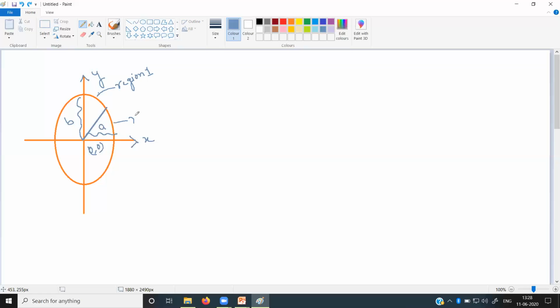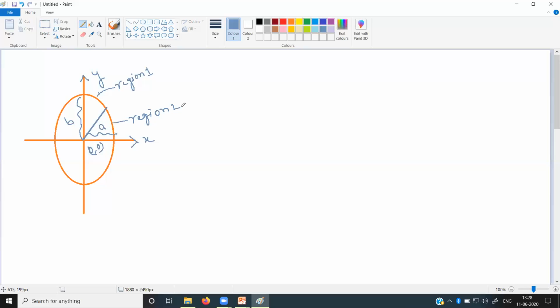Again I am repeating, we have an ellipse. The arc belongs to the first quadrant. If we draw a line passing through the origin, then that line will intersect the curve at a point, and that point divides the entire arc into two parts. The first part is known as region 1 and the second part is known as region 2.